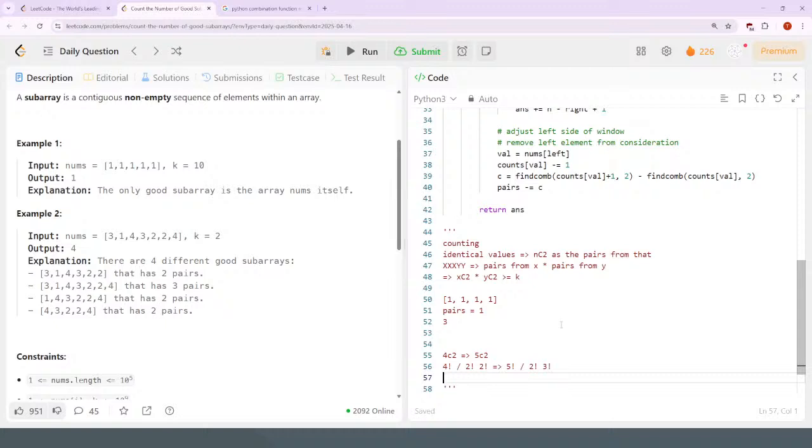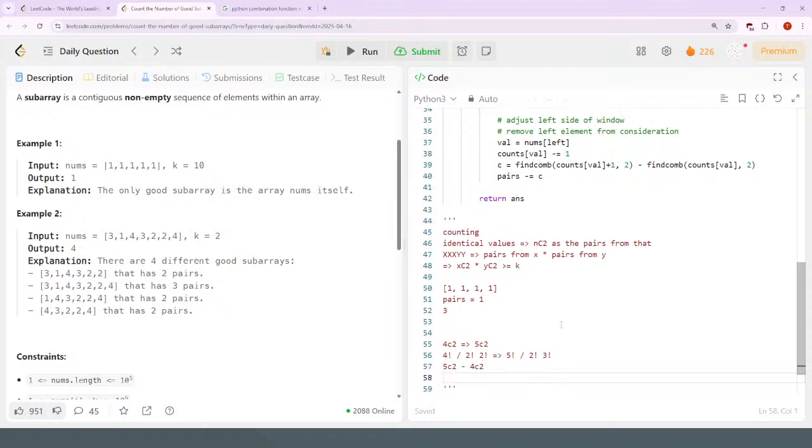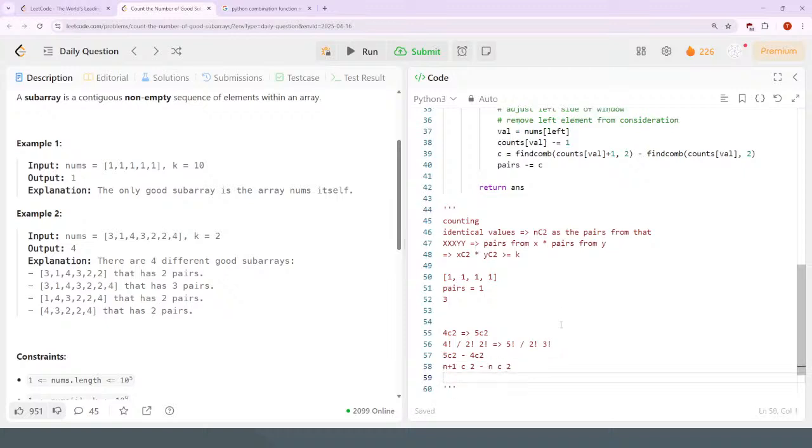So let's do the math here. If I do the difference between them, 5 choose 2 minus 4 choose 2, this would be, let's say, n plus 1 choose 2 minus n choose 2.